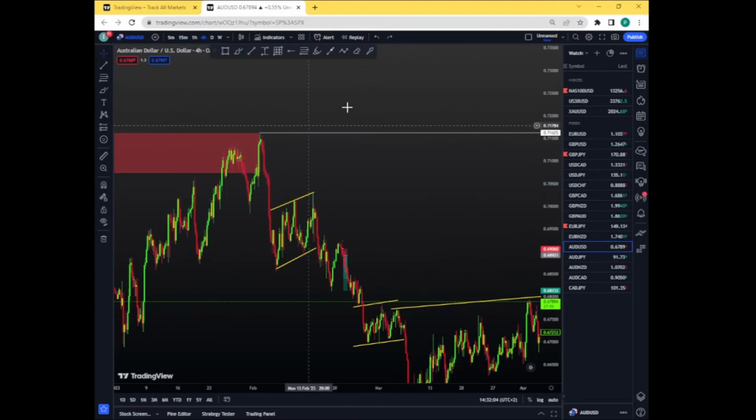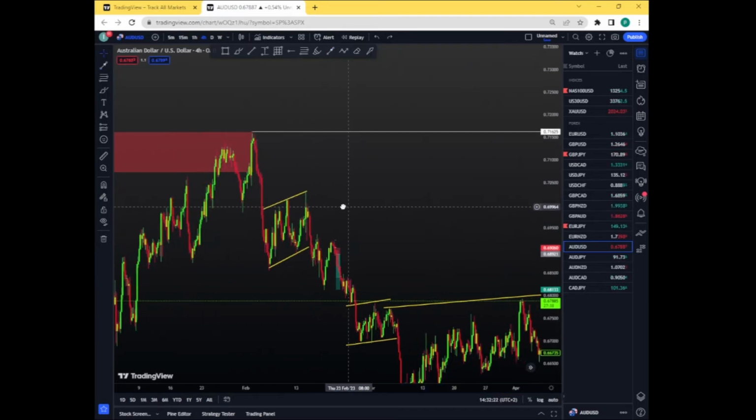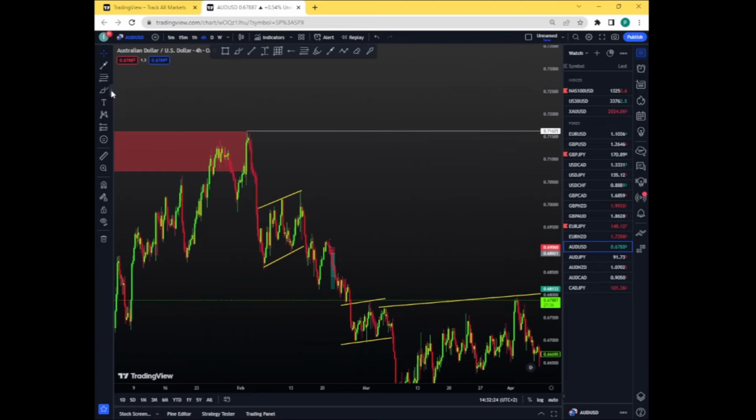In a top-down analysis, when you have a third touch on a 4 hour structure, on a bigger structure, what you have to do is scale down to a lower time frame. It can be 1 hour, it can be 15 minutes. So once you scale down from the 4 hour, let us focus here. Let's assume that price is giving us a third touch here on a 4 hour.